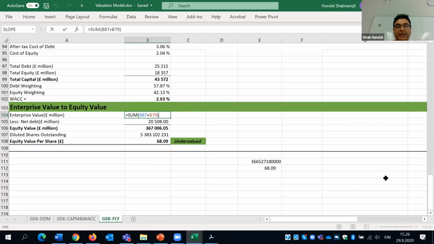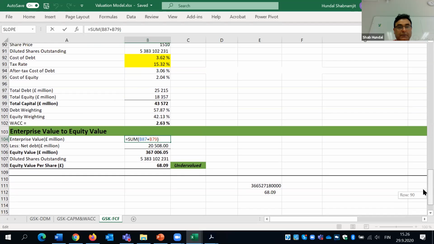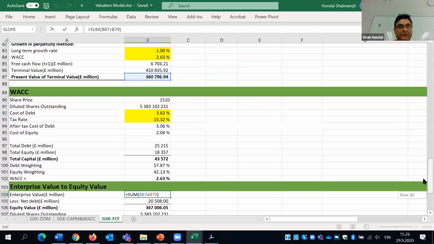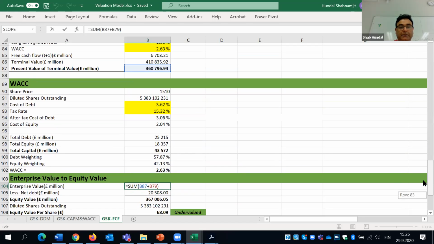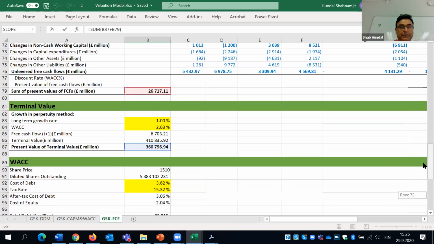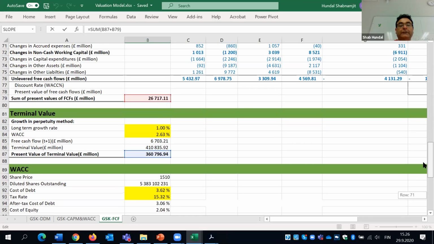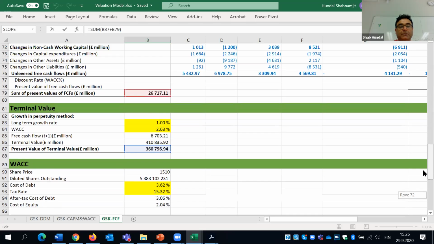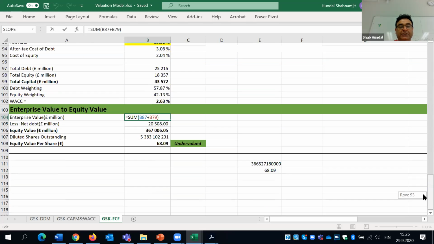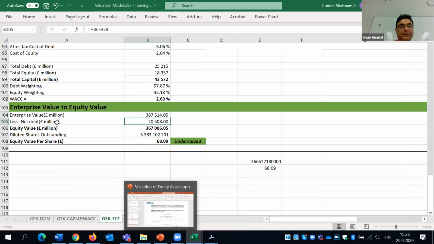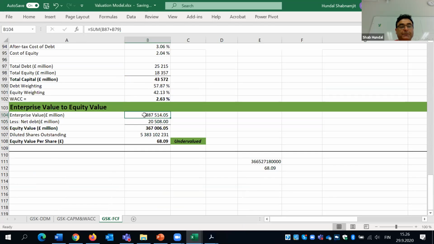B87 is your present value of the terminal value, and B79 was your sum of all the free cash flows. This is the formula, and when we have it, it comes to be the enterprise value.